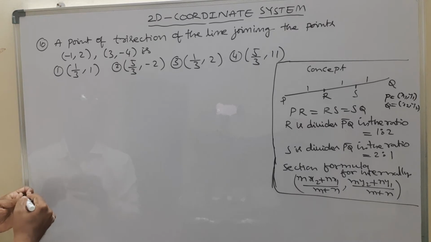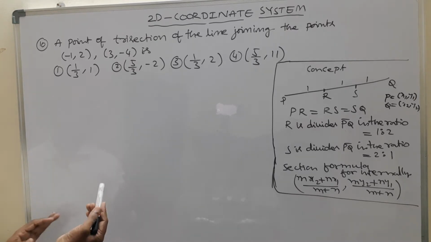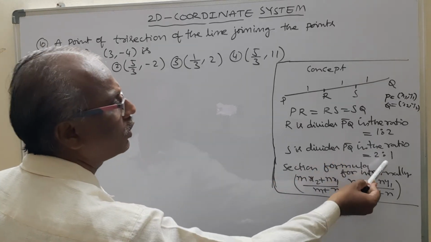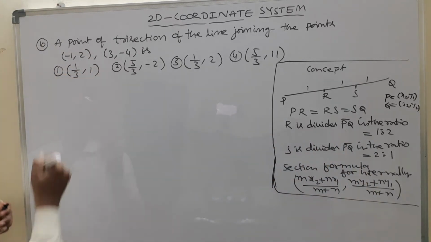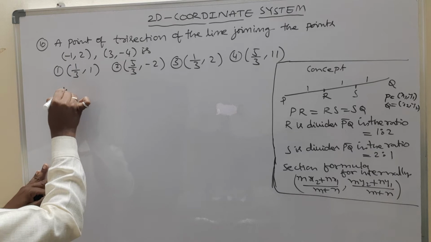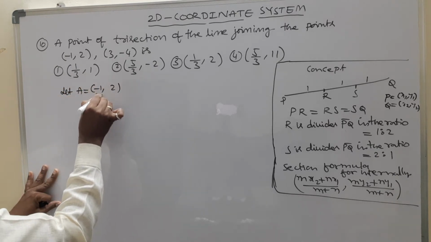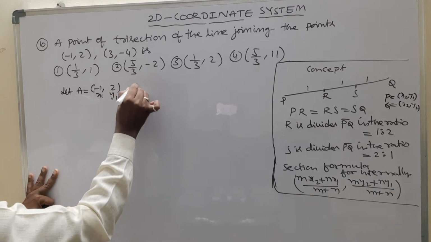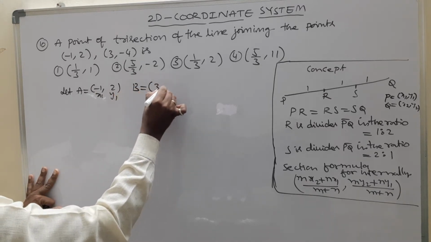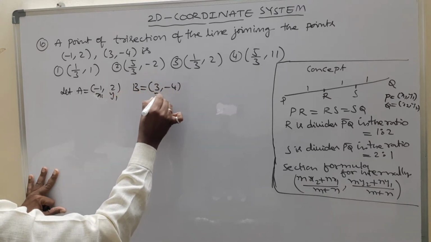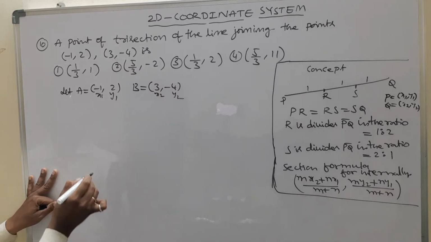In this question, the points of trisection mean we find the ratios 1 is to 2 and 2 is to 1. Let A equal (-1, 2), which is x1, y1. B equals (3, -4), which is x2, y2. Here the line segment has endpoints A and B.